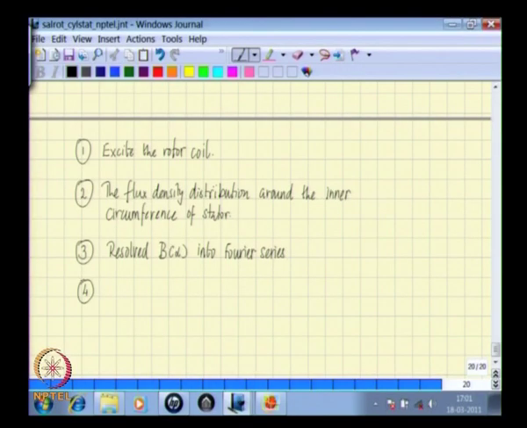And then, now that you know the distribution of flux density around the circumference of the stator, you then formulate an expression for flux linkage.